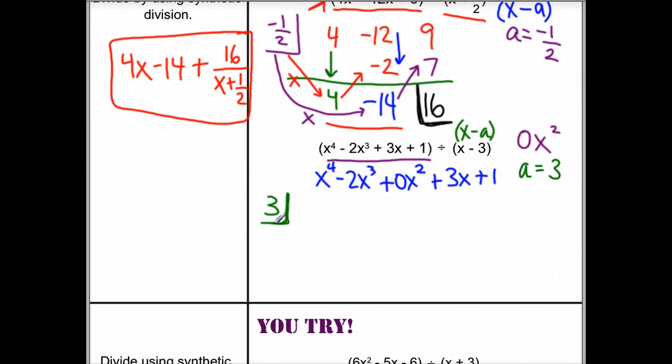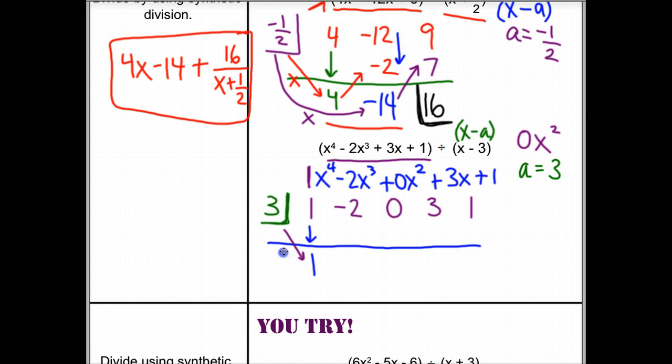And then we write the coefficients of the other polynomial. So this is really a 1. So what we have is 1, negative 2, 0, 3, and 1. And our first step again is to simply bring this first coefficient down. So we have 1. Now we do the fancy multiplying and move it over business.